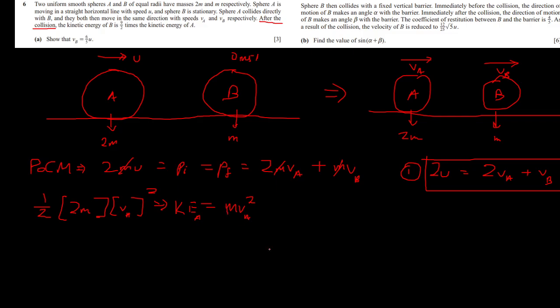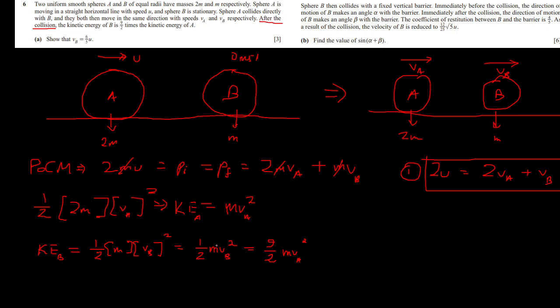Okay, and the kinetic energy of B, KEB, equals half times mass times VB the whole square, which is half times mass times VB square, like this. Okay, this is how the kinetic energy of B would look. Now it says it's 9 by 2 times A, so that means it's just equal to 9 by 2 mVA the whole square.